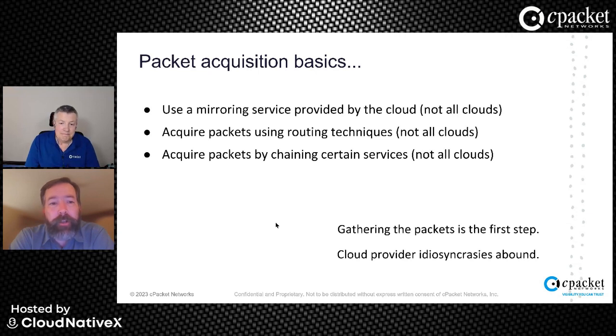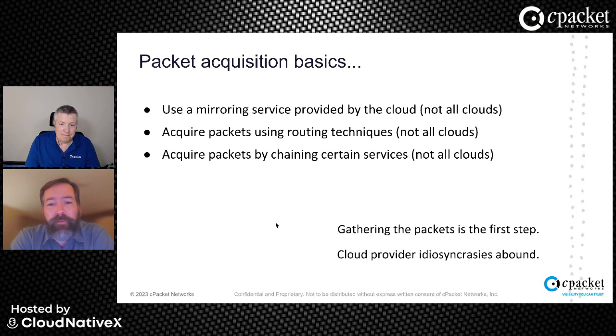The first bullet is all about the mirroring services: AWS, Google, some of the other clouds out there, and certainly VMware for on-prem virtual. They provide mirroring capabilities. Azure doesn't at the moment, but there are routing techniques that allow us to acquire packets. So packet acquisition isn't just about mirroring, but can be achieved through other techniques, such as routing.